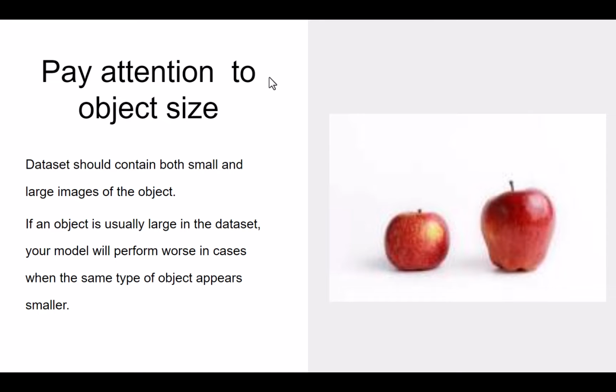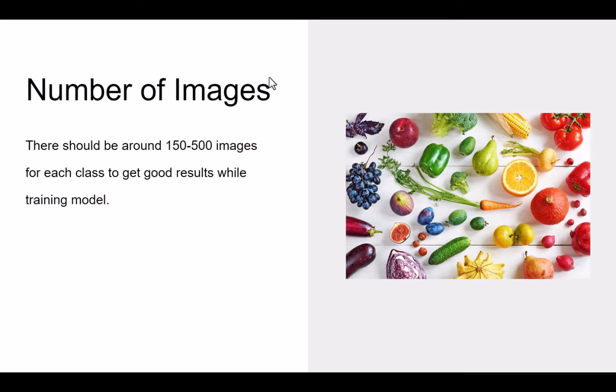And the same is the case with the smaller size: if we collect all the images where the apple appears small, then our model will not perform well when the apple appears large when we are testing the model. So that's the first thing to remember when collecting the data. The second thing is the number of images.